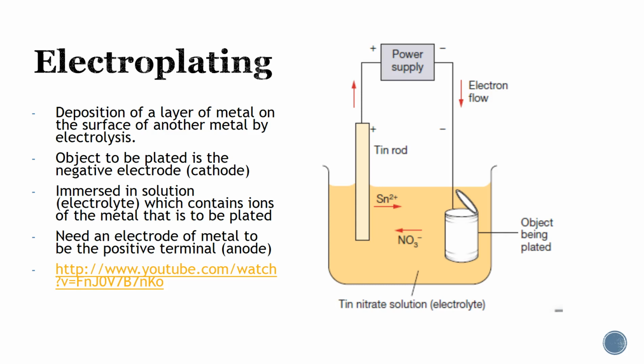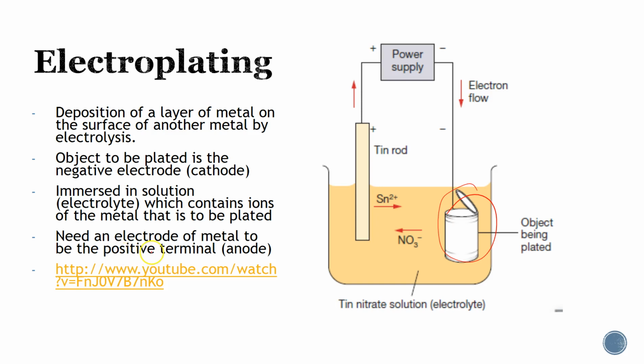We can do this with things like gold in order to create a thin layer on perhaps a cheaper metal. The cathode is always the object that you want to plate. In this example we have a tin can, because this is used for plating steel cans, which easily corrode, with a layer of something else that doesn't corrode as easily and contaminate the food.